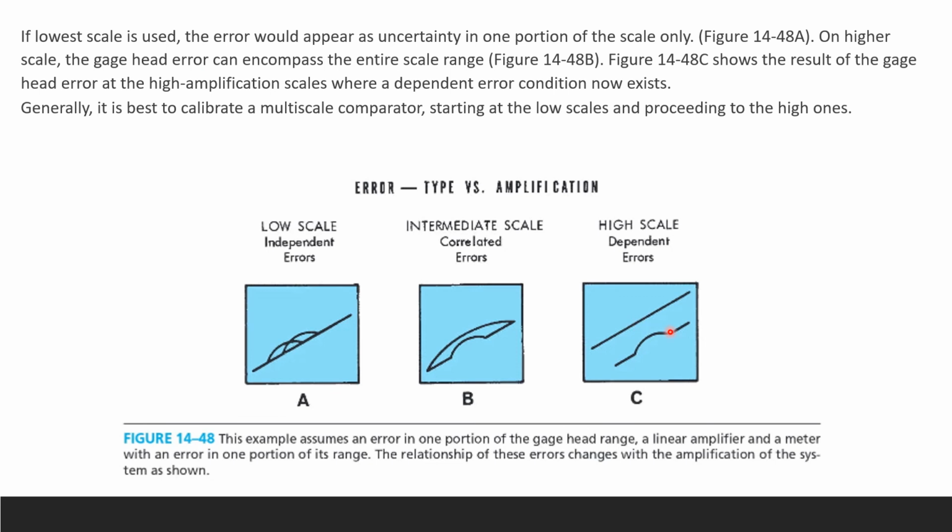So this example is just trying to show you, okay, an assumed error in one portion of the gauge head range, with a linear amplifier and a meter with an error in one portion of its range. So the relationship of these errors changes, okay, with amplification of the system.